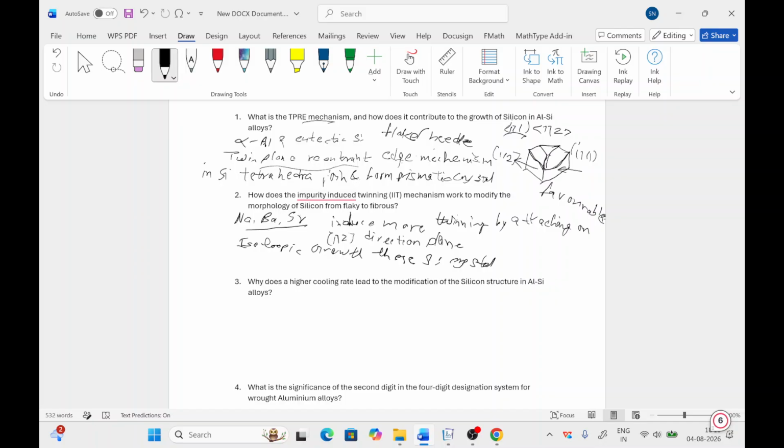But now the isotropic growth will create a spherical morphology of the silicon particle. So that spherical morphology will not create any stress concentration in the aluminum matrix and will maintain the strength and ductility if we make any component from it. So isotropic growth leads to a change in morphology of silicon particles.